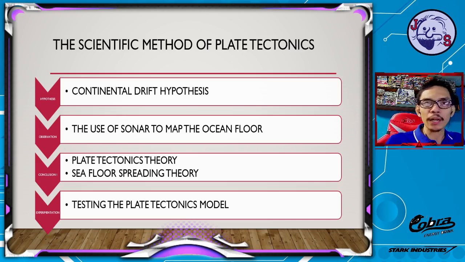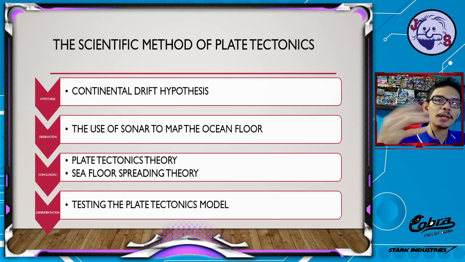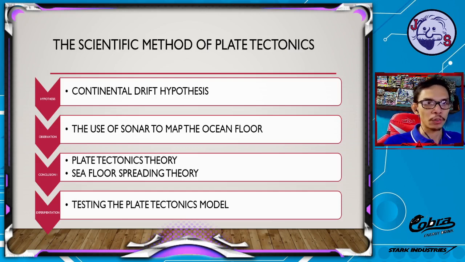They found out that these are related to each other. So it gives light to the continental drift hypothesis, and because of those investigations of things found on the ocean floor, the continental drift hypothesis became the plate tectonics theory that we all know.